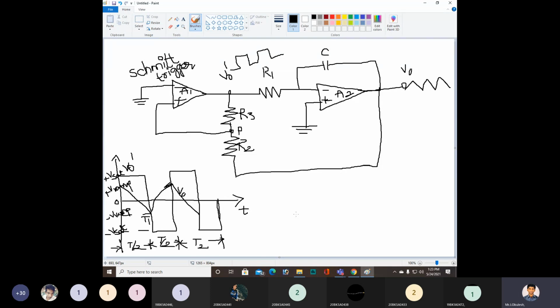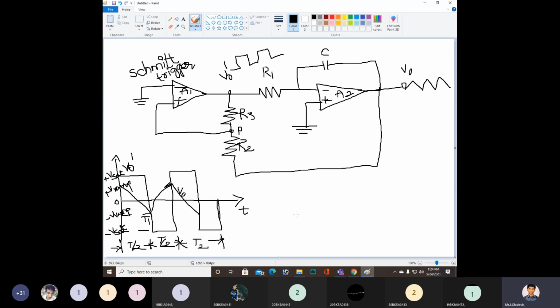So let us consider that the output of the comparator A1 is plus V saturation. The positive V saturation is an input to the integrator A2.